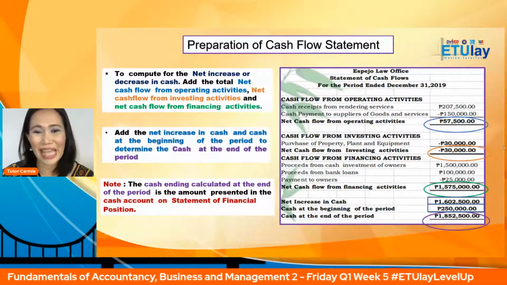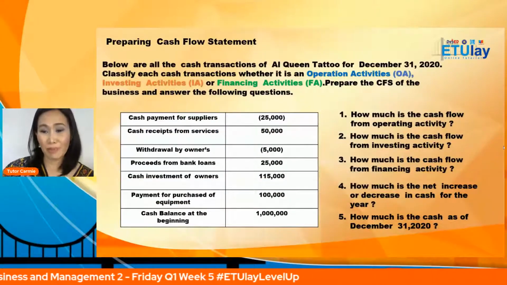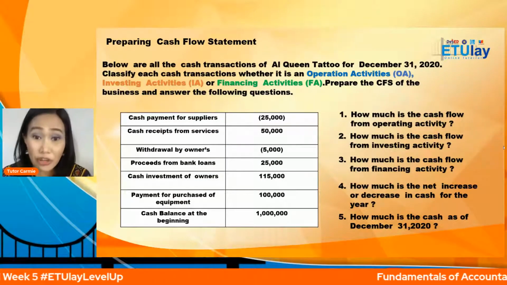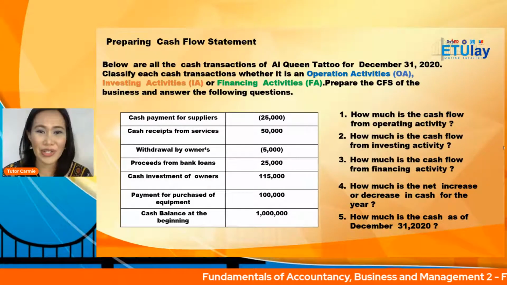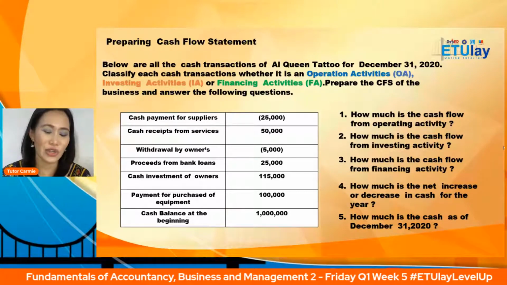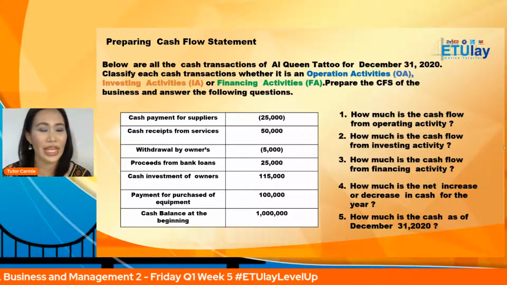Okay. Ayan, tayo naman po ay mag-practice na. So, let's prepare a cash flow statement po. Okay? Are you ready, mga ABM learners? Okay, let's have this exercises to make sure that you get the concept of our lesson for today.